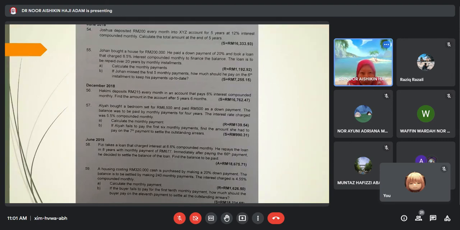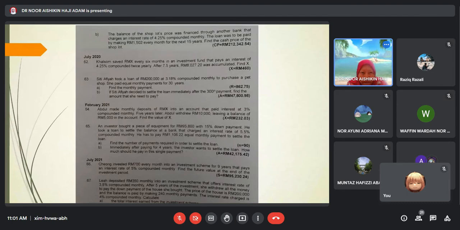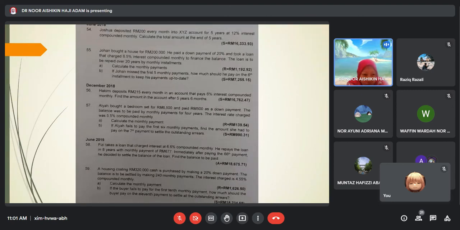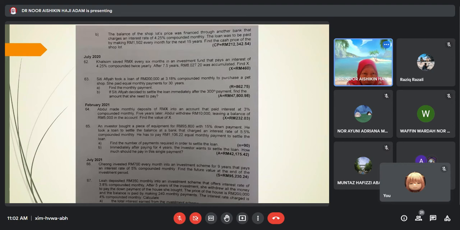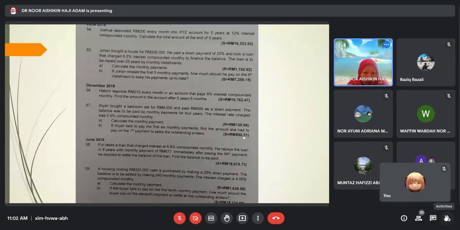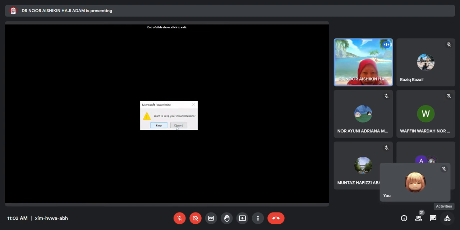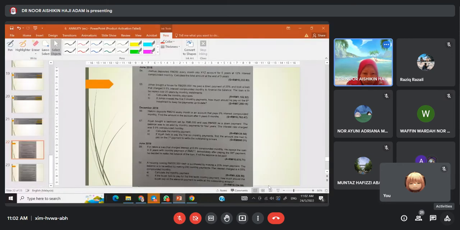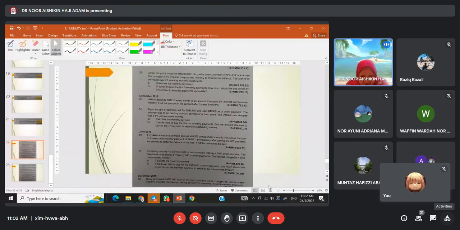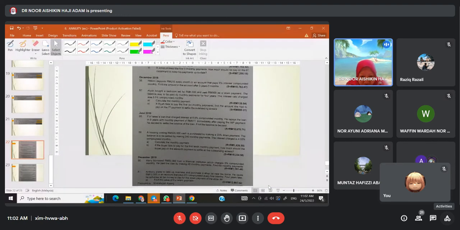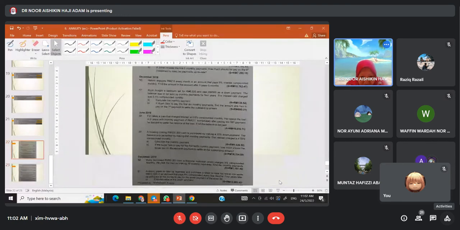Sebab semua adalah annuity. Enam puluh satu, 59, ni dah 62. Ya. Keep. 61, tu dia.